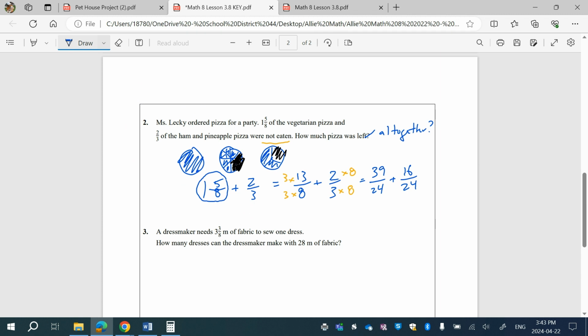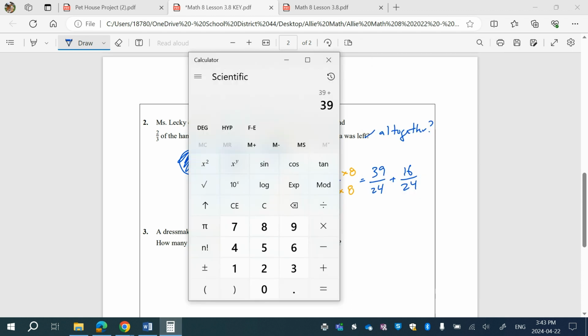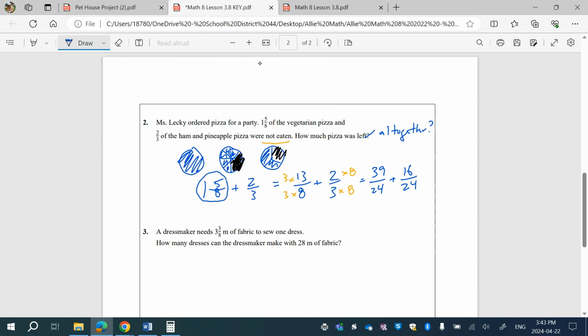Because in multiplication, we multiply the tops and multiply the bottoms. However, in addition, we are only going to add the tops. Let's do that. 39 plus 16 is 55. So that equals, I'm going to write it down here, 55 over 24.